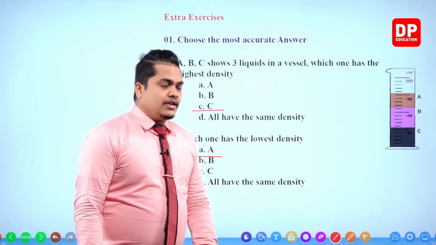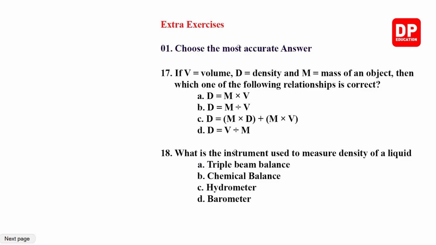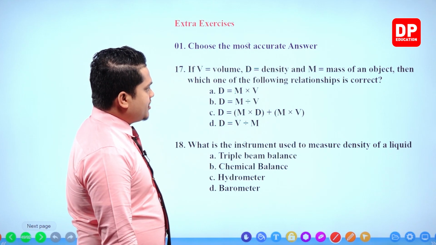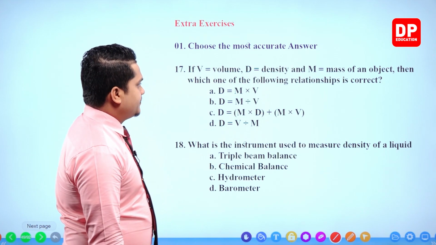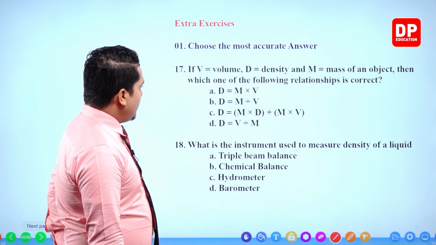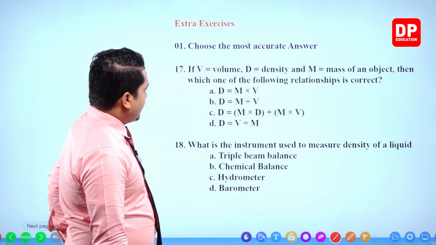Right. If volume is equal to V, D is the density, capital M is the mass of an object, then which of the following relationships is correct? D equal M times V, incorrect.